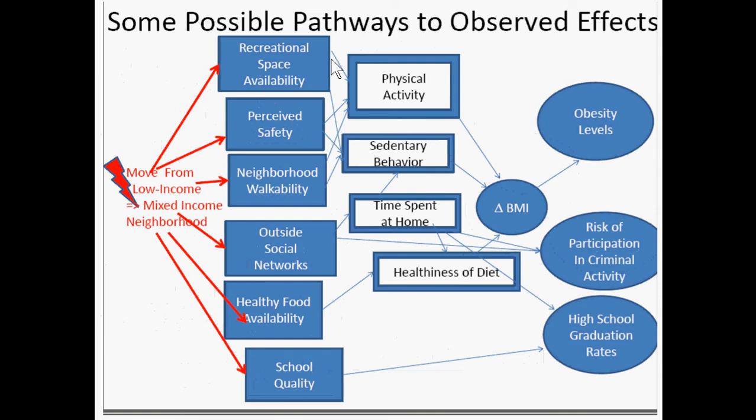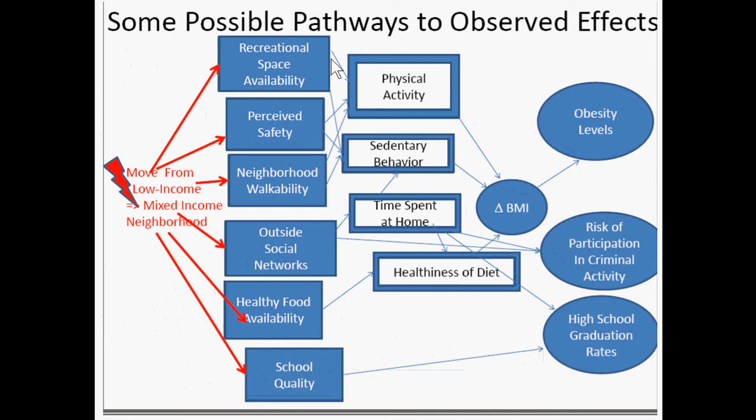In this case, the outcomes for the observed studies of the Moving to Opportunity program were mixed. For girls, this was affected in a favorable direction. But for boys, it was actually adverse.